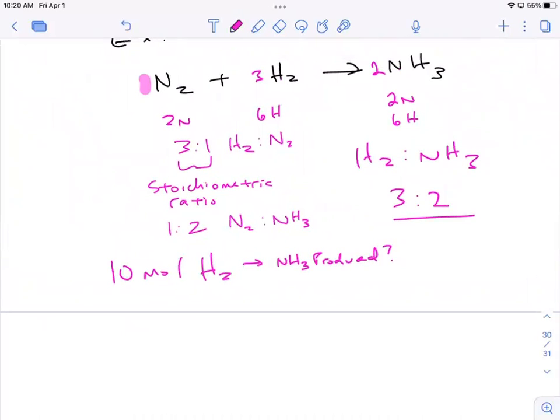If I wanted to convert moles of H2 into moles of NH3, what would I do? What is the conversion factor to go from H2 to NH3 using the coefficients that we have?